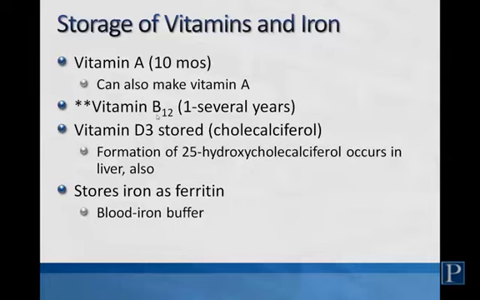So growing up, Mom always said, eat your liver because it's a good source of iron. She was right. The liver is a good source of iron, and they say it serves a role as a blood iron buffer. So if you need a little bit more iron, it can release the iron. Remember, it's stored as ferritin, but it's going to be transported in your bloodstream as transferrin.